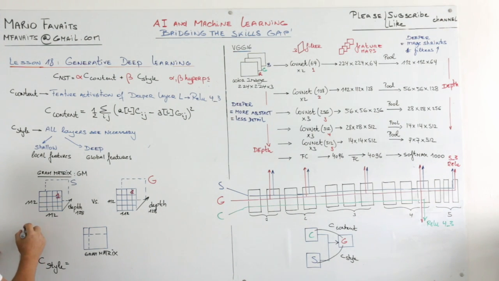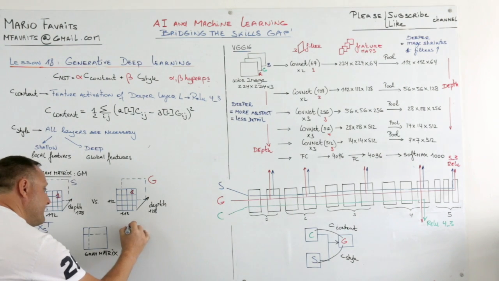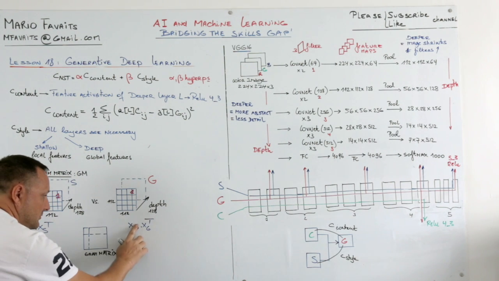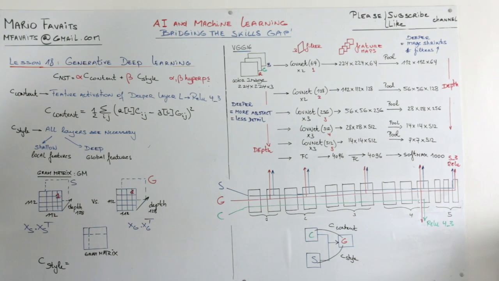How do I calculate the gram matrices? Well, in this case, I would call this matrix here XS, and I'm going to multiply that with its transpose. And here I'm going to do exactly the same: XG times XG transpose. All right, that's how we will calculate the values. And then we will compare. We compare pixel by pixel.